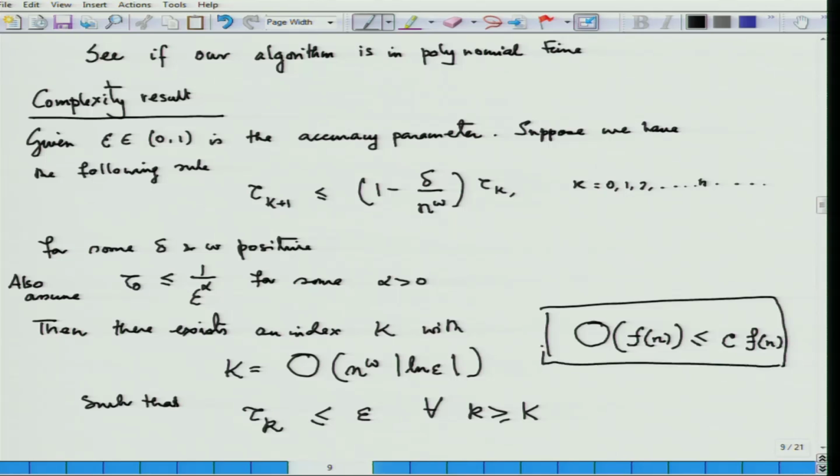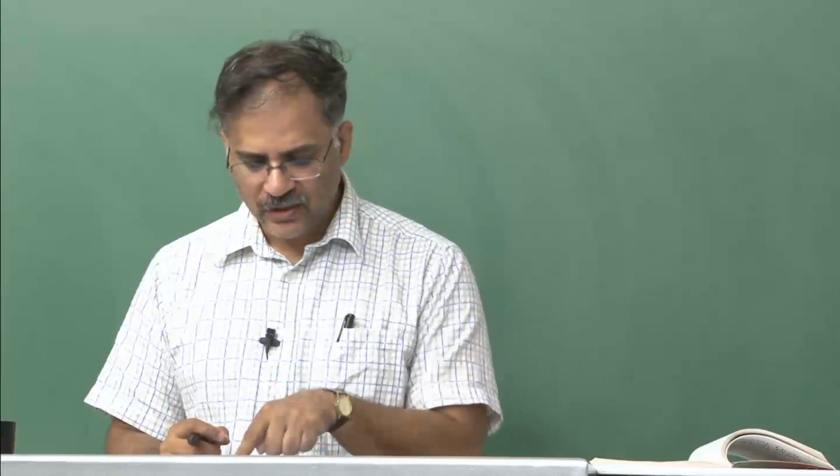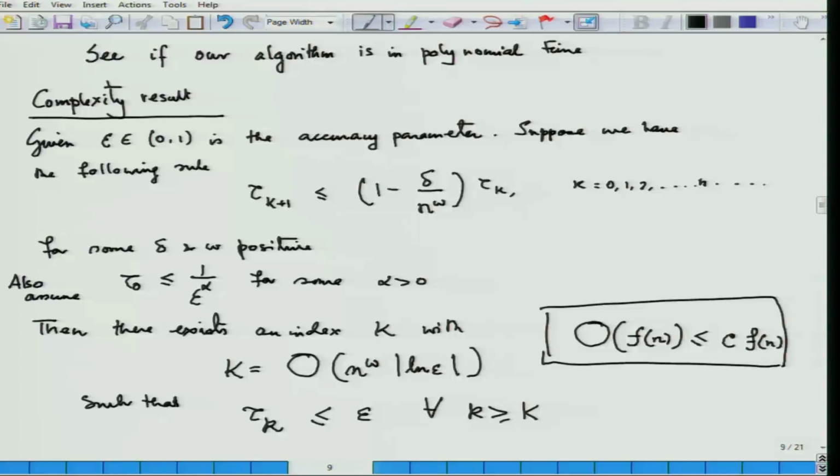This is the meaning of big O. So, these are actually asymptotics, which tells you how fast this quantity is moving with respect to f n. So, here it means this is nothing but some constant times this into this, that is what it means.